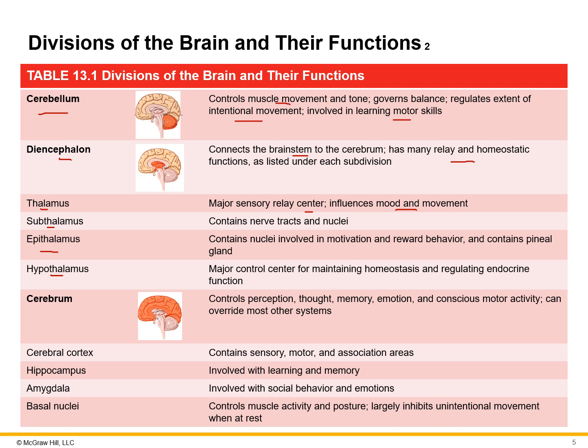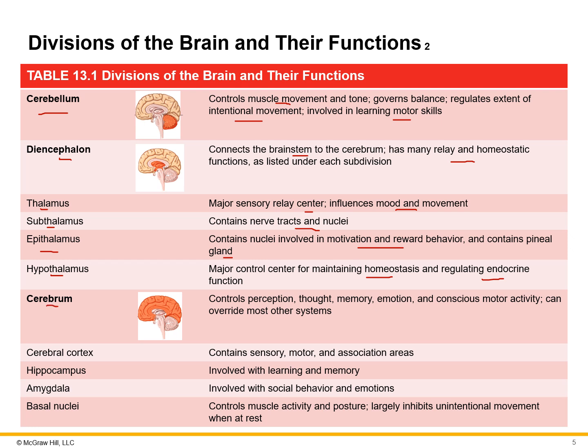The subthalamus has some nerve tracts and nuclei that we'll talk more about. The epithalamus is involved in motivation and reward, and also includes the pineal gland. And then the hypothalamus is a lot of our homeostatic and our endocrine functions, so a lot of our hormones are regulated through the hypothalamus.